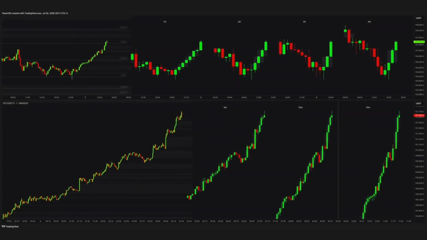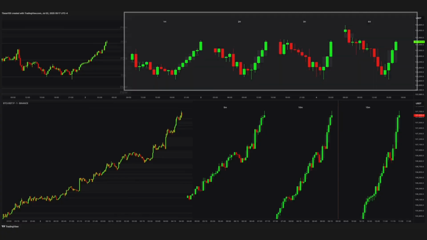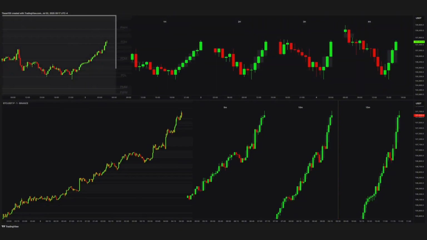Okay, let's work on a real life example. This is a single layout chart. I just try to put everything in one chart so you can see all the price sections here at once. At the top, we have mostly hourly time frames from 1 to 4 hours. As you notice, on the left we have the 15-minute chart as a small guidance for us.